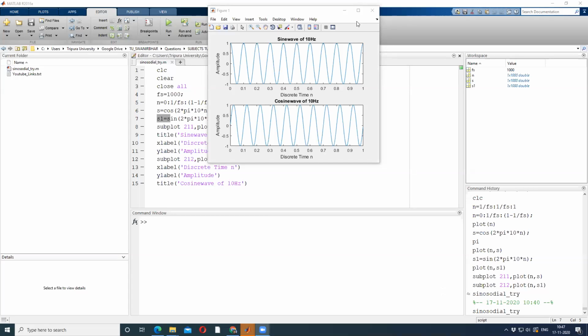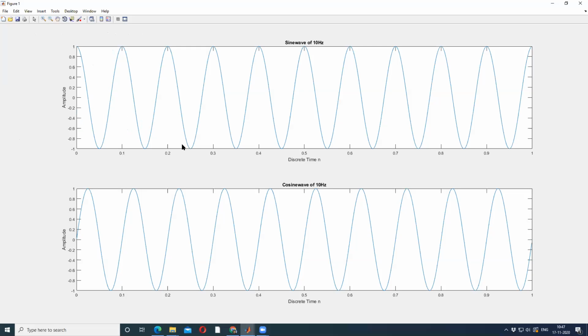Now if I maximize it, you can see the waves have the same frequency, 10 hertz. As they are 10 hertz, you see two peaks have a distance of 0.1, and if you take the reverse of 0.1, it's 10 hertz. Here you can see it clearly in this cos wave. This starting point is 1, and the next peak is at 0.1.